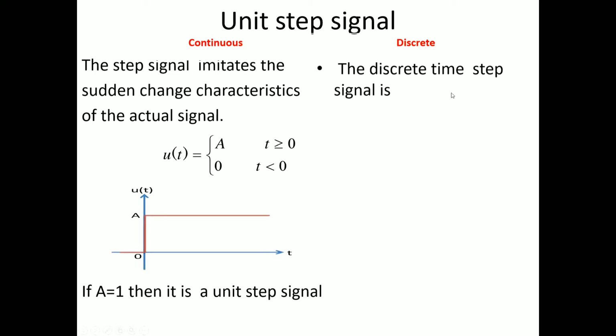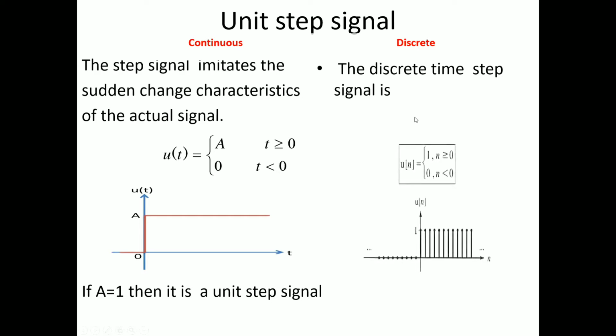Similarly, in the discrete case, the discrete-time unit step signal is denoted as u of n rather than u of t, which is equal to 1 for n greater than or equal to 0 and equal to 0 for n less than 0. This is a simple unit step signal with samples at n equal to 0, 1, 2, 3, 4, 5 and so on.